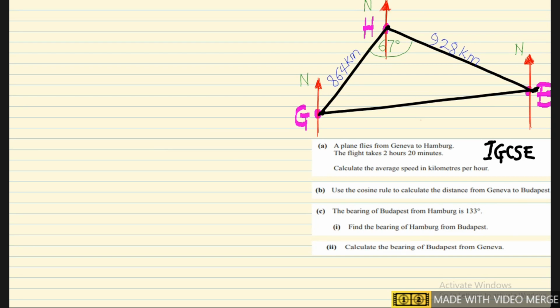Now in the next part, we're asked to calculate the distance from Geneva to Budapest using the cosine rule. We've been told the formula to use.